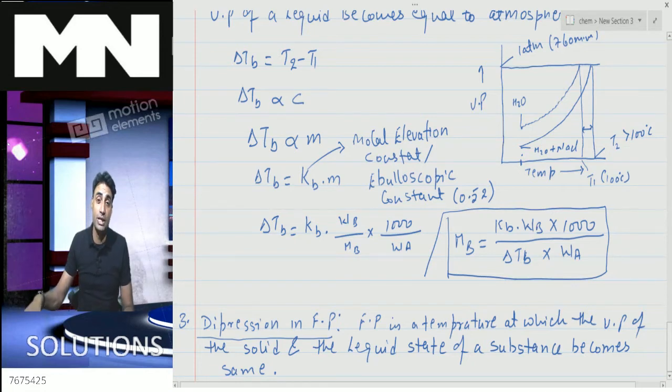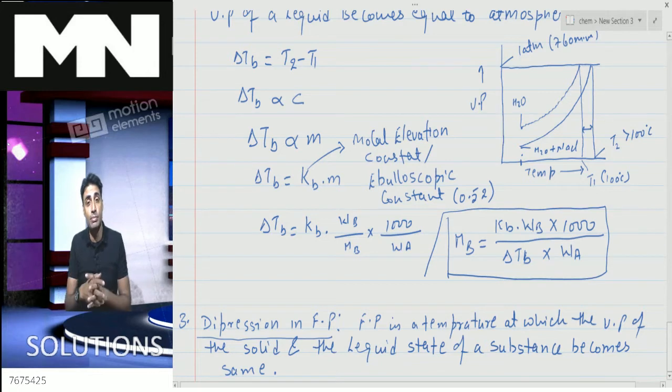Well, as far as freezing and melting point are concerned, they are all the way same, but we generally use different definitions for that. If someone asks what is a freezing point, it's a temperature at which the vapor pressure of the solid and the liquid state of a substance is same. And if someone asks what's a melting point, it's a temperature at which the solid and the liquid state of a substance can exist in equilibrium.